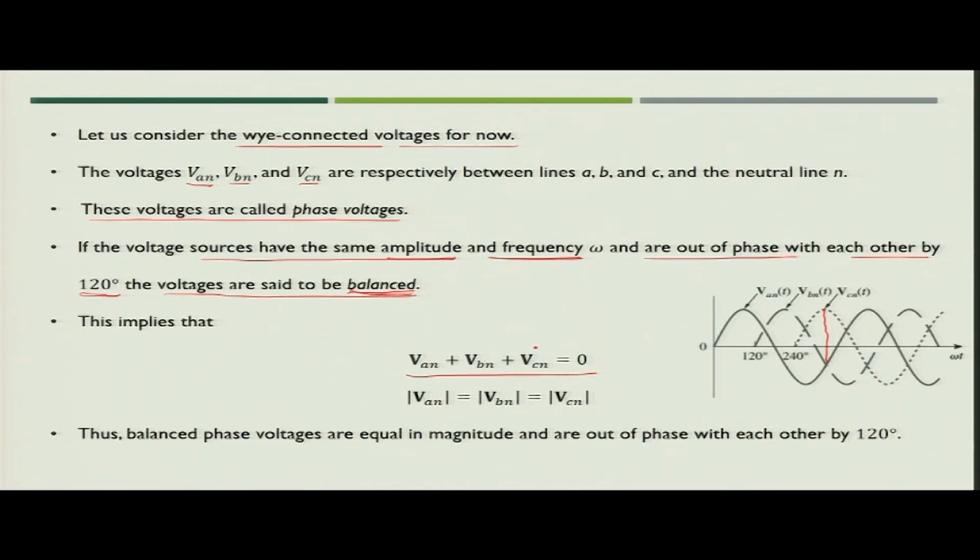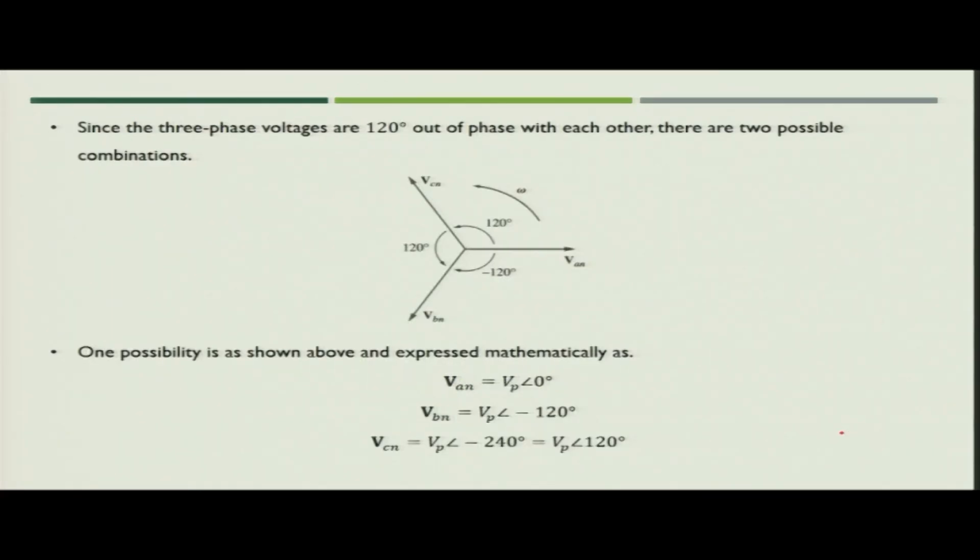That is in phasor form, but in magnitude form, since we have the same amplitude, we get the mod of VAN equal to the mod of VBN equal to the mod of VCN. So, we can say the balanced phase voltages are equal in magnitude, but are out of phase with each other by 120 degrees.